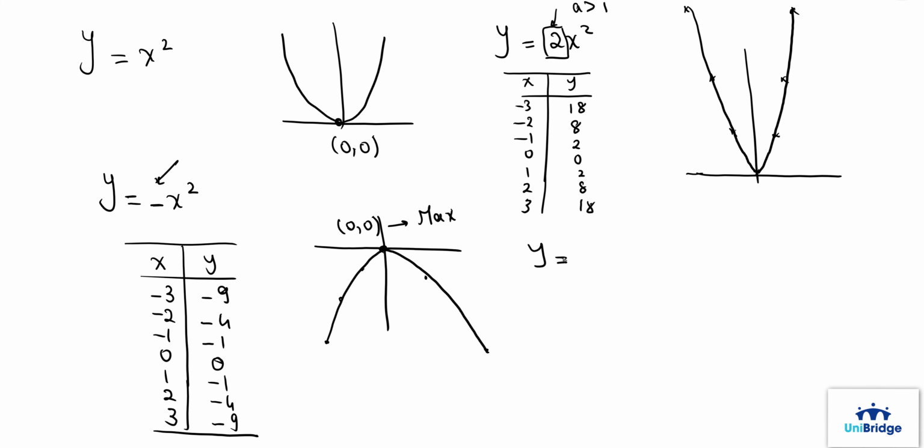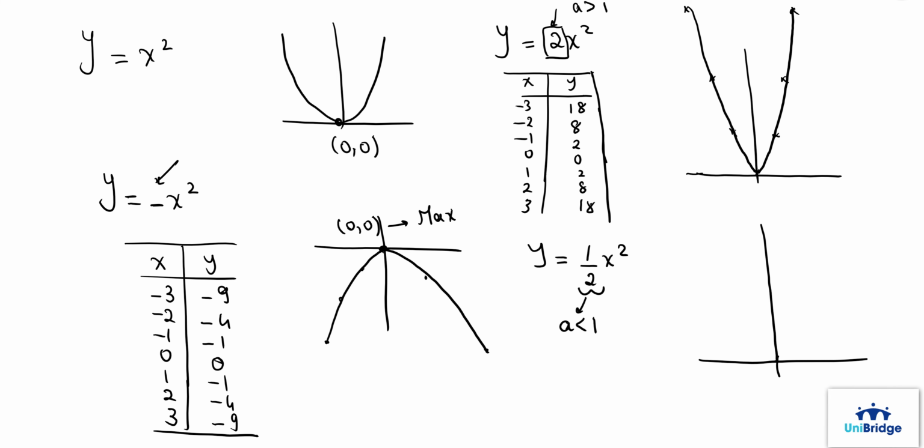In the same sense, if you multiply the function by a number that is less than 1, like half, for example, the parabola is going to be wider because the values of y are going to decrease. The negative 3, in this case, instead of getting 18 or even 9, if this is half x squared, is going to get 4.5.